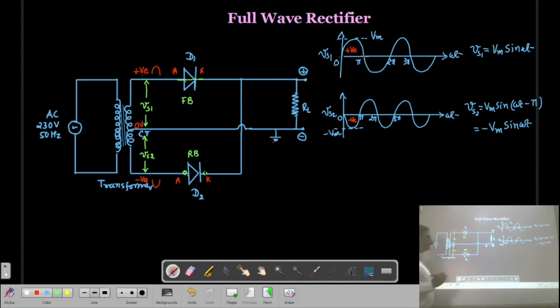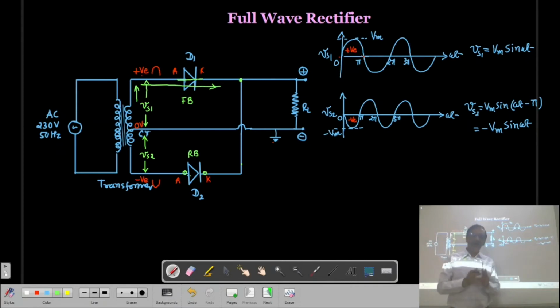So now if you see what is the flow of the current. The current is coming out from the transformer. Then due to this forward bias, the current is going to flow in this way. Now here we have this center. But at this point the current will not flow because the diode D2 is in reverse bias.